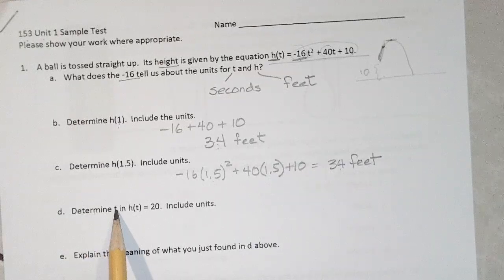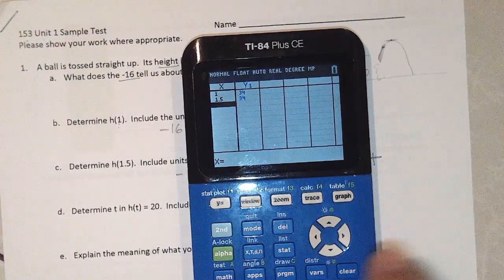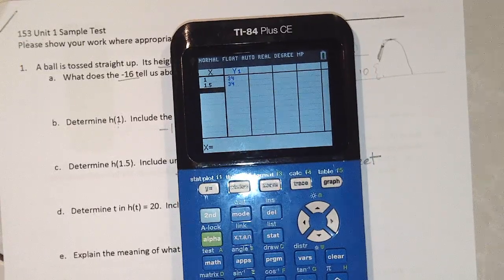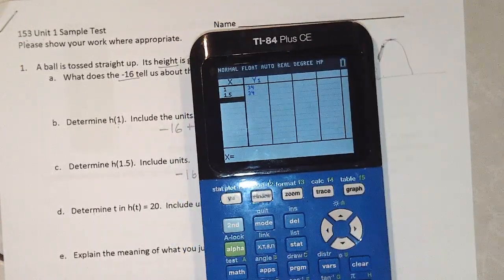This is saying find the time when it's at 20 feet. Well, I can do some guessing here. It'd be two different times it was at 20 feet, but we might say at 0.8, that's 30 feet.